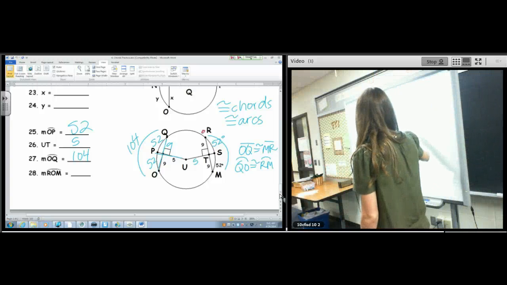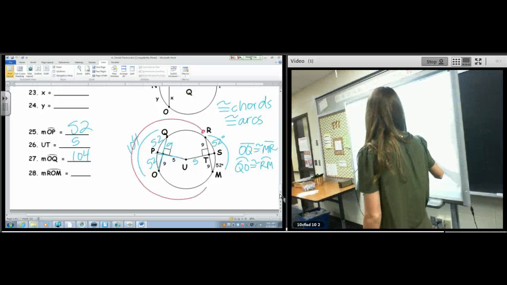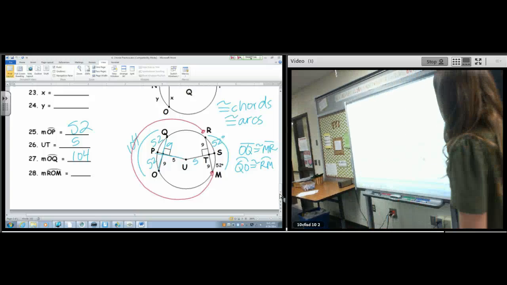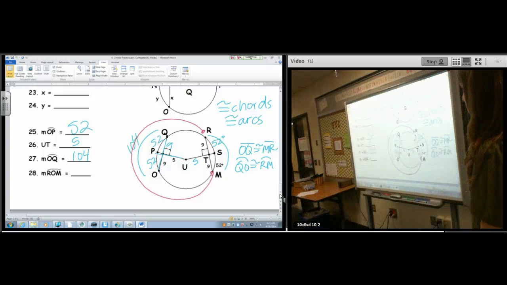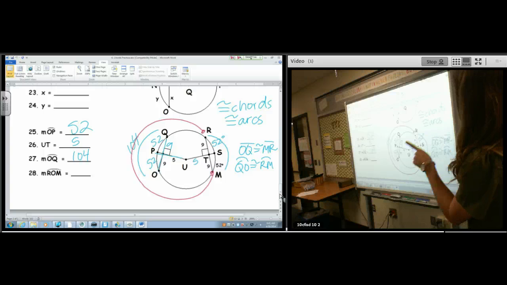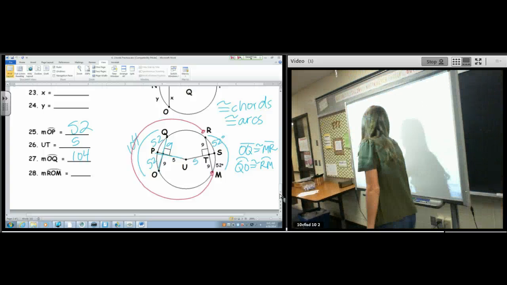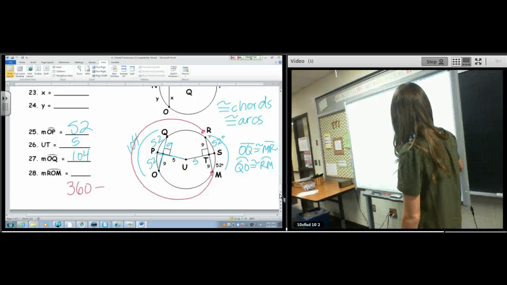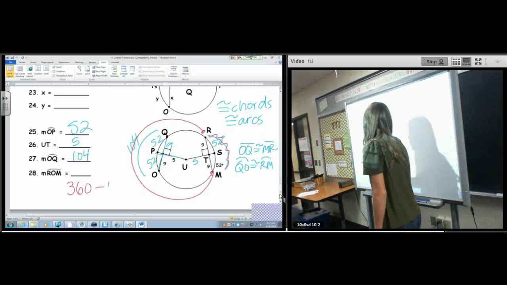R to O to M. So, how are we going to find that? R-O-M. So we know that it's 360. 360 minus the part we don't want. 104.